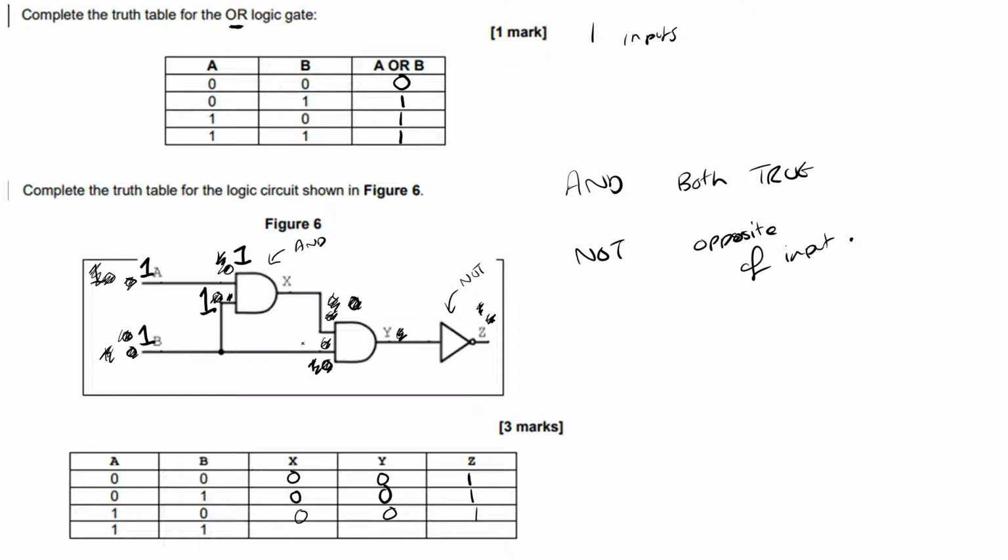We've got power going to here and power going to here. So then it's going to output power, which means the NOT gate will do the opposite. So X and Y will be on this time, and the opposite of that is off. So that's going to be your false.